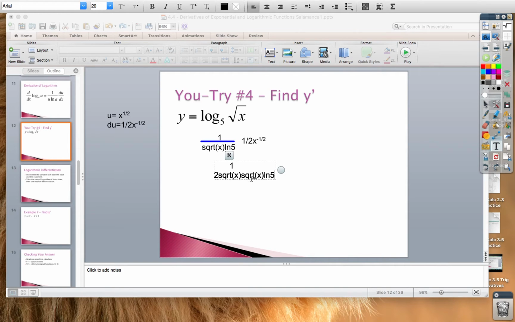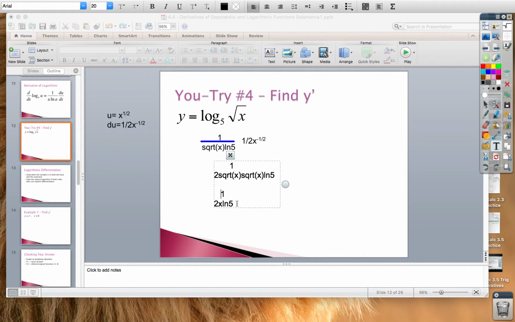You'll notice that we have 2 square root x's here because one was down here on the denominator, and this negative exponent means that we were supposed to bring it down to the denominator here. And again, we could simplify this as 1 divided by 2x ln 5.